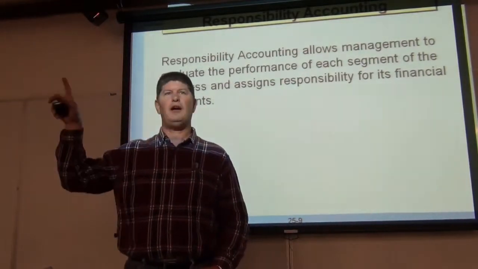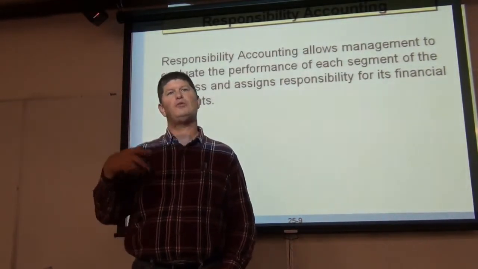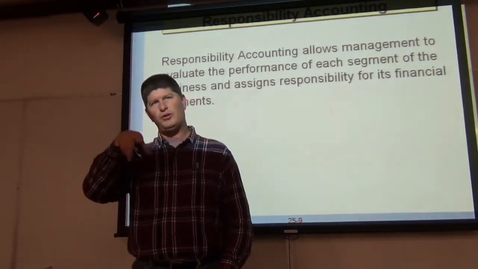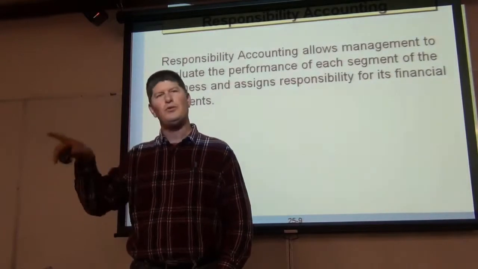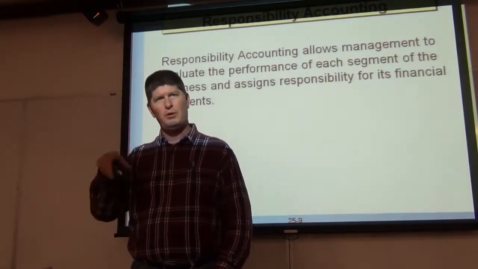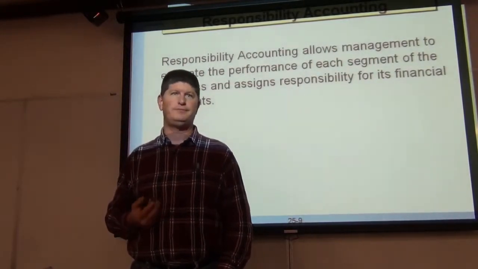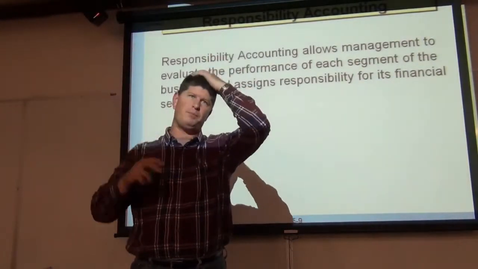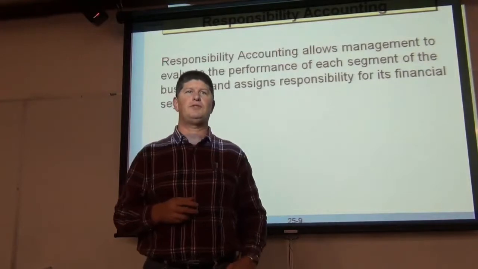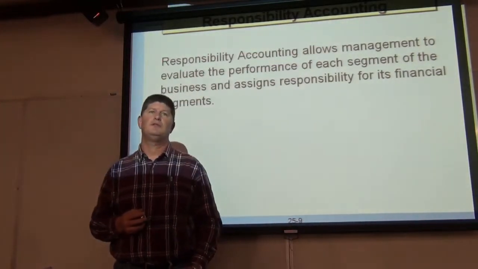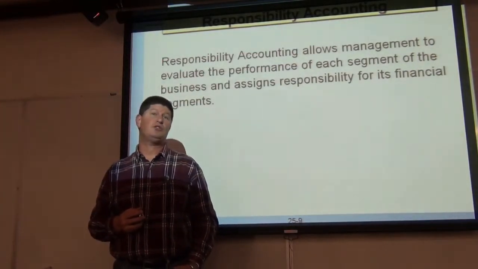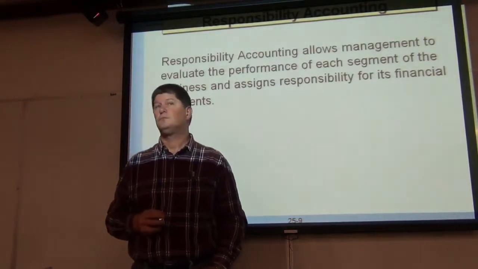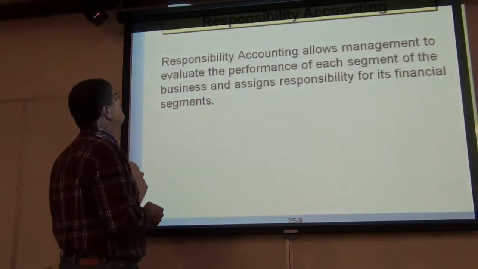So you would do a P&L for those 650 to evaluate that manager's performance. He would want one drilled down a little deeper to manage the people below him and see how they're performing. Okay? So you roll them up and you roll them up at different responsibility levels so you can evaluate performance and manage the business and make a decision about what is creating enough profit and what is not.